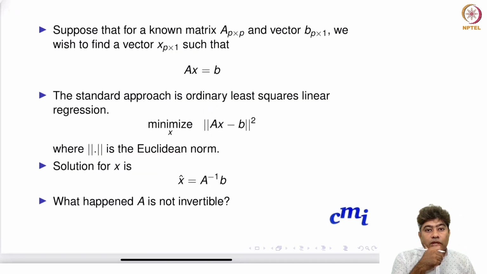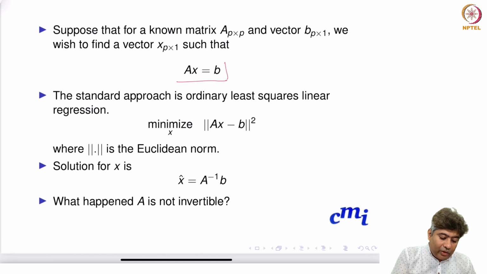Now suppose that for a known matrix A, p cross p, and a vector B of length p, we wish to find a vector x such that this is the system of equations.